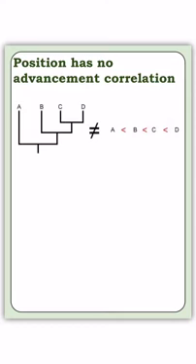Position has no advancement correlation. Just because we tend to read phylogenies from left to right, there's no correlation with a level of advancement. So we cannot say that D is more advanced than C, which is more advanced than B. They're just different species.